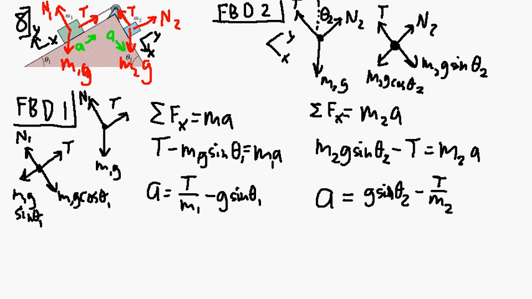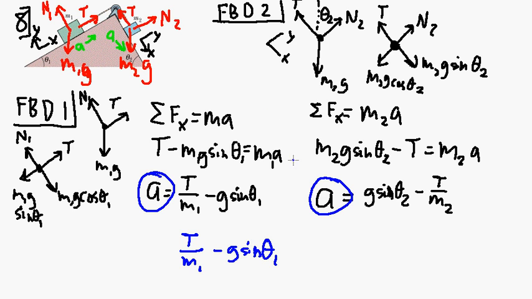Now we have this A and this A, which are equal. So we can say T over M1 minus G sine theta 1 is equal to G sine theta 2 minus T over M2.